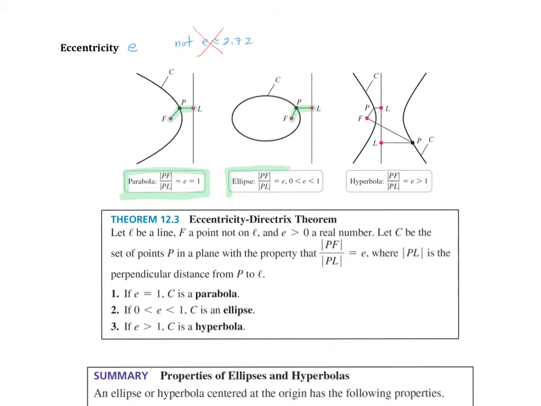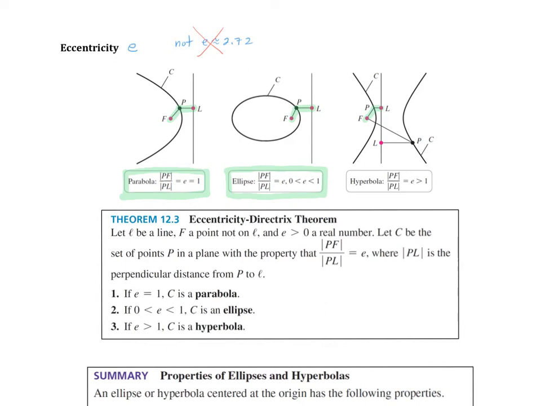So eccentricity for an ellipse would be the ratio of the distance from the foci over the distance from this line, which is a directrix. And that's always going to be between 0 and 1, because the distance from the foci is smaller. Now when we look at a hyperbola, if you pick any point on a hyperbola and you look at that ratio, distance from the foci and the line, the distance to the foci is always larger.